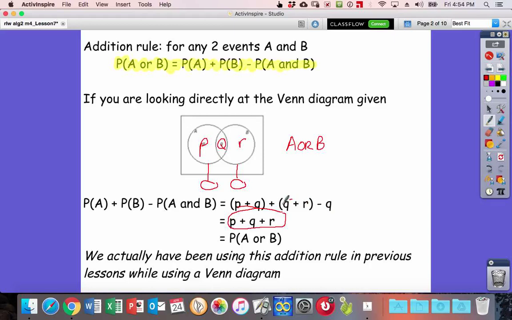Those cancel, and you're left with P plus Q plus R. So that's how we ended up when we looked at the Venn diagram. We just went, oh, that's P plus Q plus R. But actually, this is what we're doing: we're taking the probability of A, the probability of B, and subtracting off the intersection. Let's give it a try.